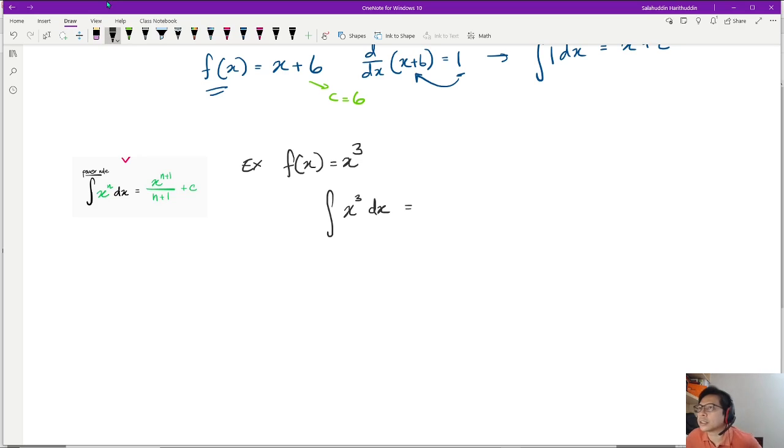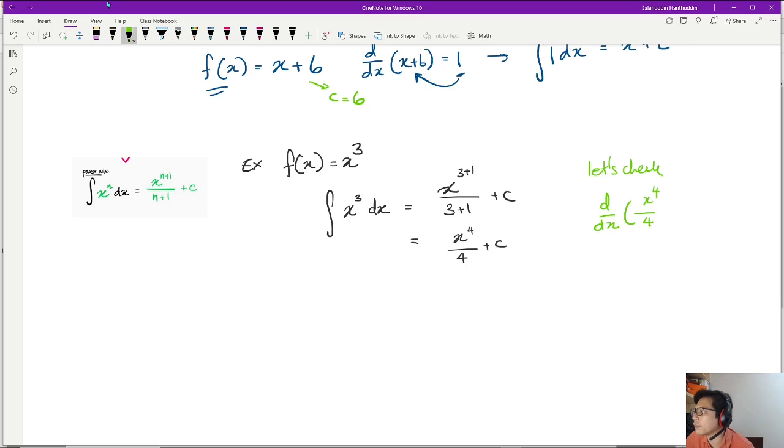Alright, cool. So that would be x to the power 3 plus 1 divided by 3 plus 1 down here, and add a constant. So that would be x to the power 4 divided by 4 plus c. Let's check. One way to check is, let's say we differentiate x to the power 4 divided by 4 plus c.